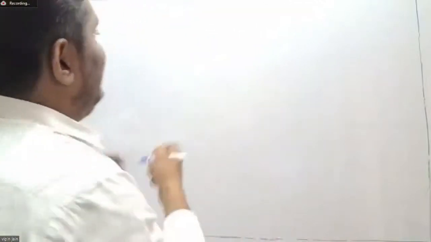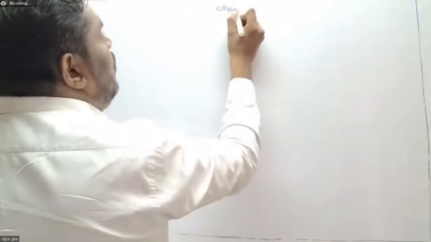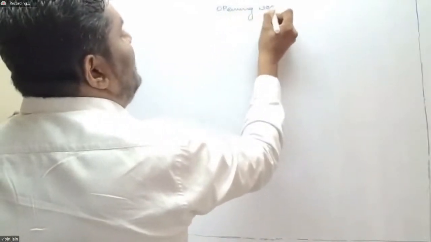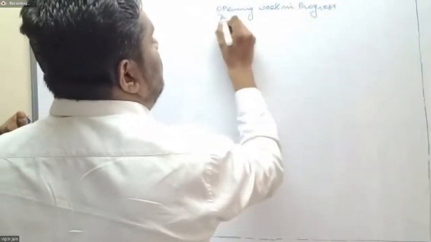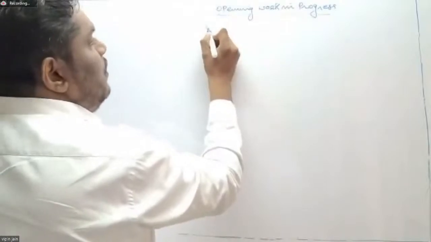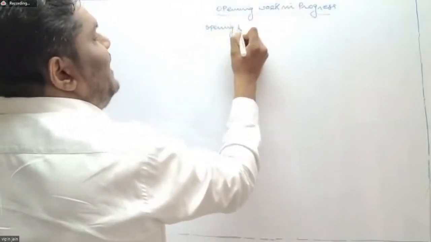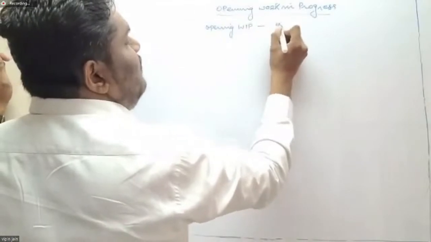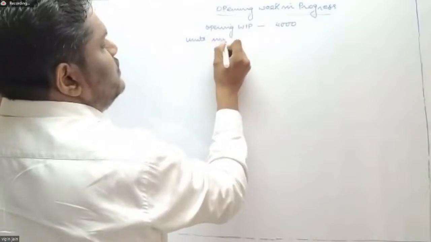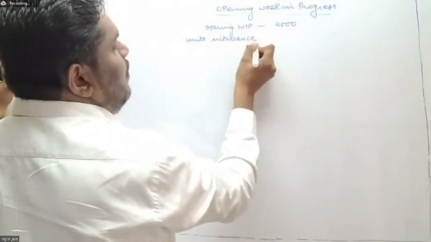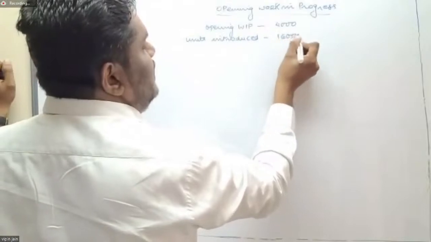Now my point is, what if in case opening work in progress is also given in the question? Let's say opening work in progress is 4,000 units, units introduced in the process, let's say 16,000 units.